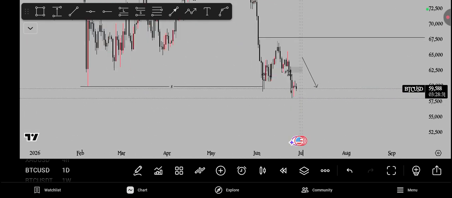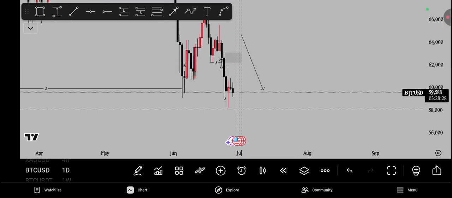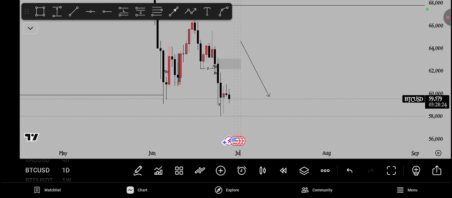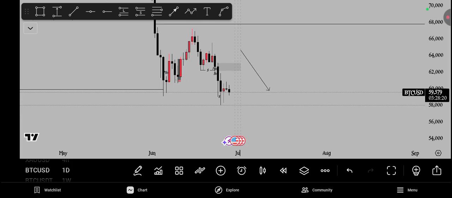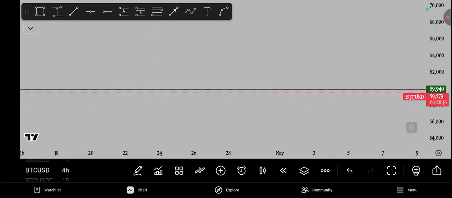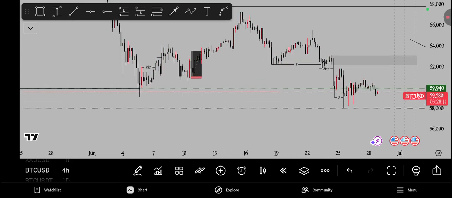So waiting for that supply up there. That's where I will wait. So let's wait for the supply there. I think that will be all for now. That will be all for our weekly outlook.